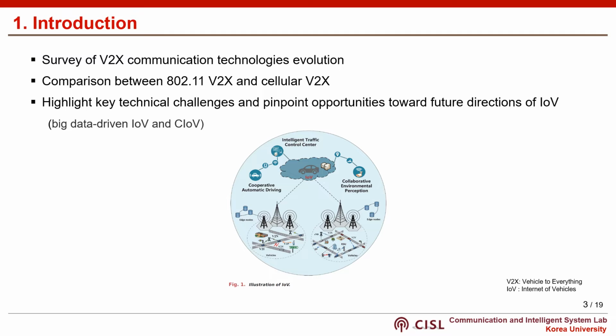So in this paper, there are three topics about vehicle communication. One is a survey of V2X communication evolution, and next is a comparison of two main systems of V2X, such as 802.11p V2X and CV2X. Finally, IoV technologies such as big data based IoV, cloud-driven IoV, and their challenging issues are described.